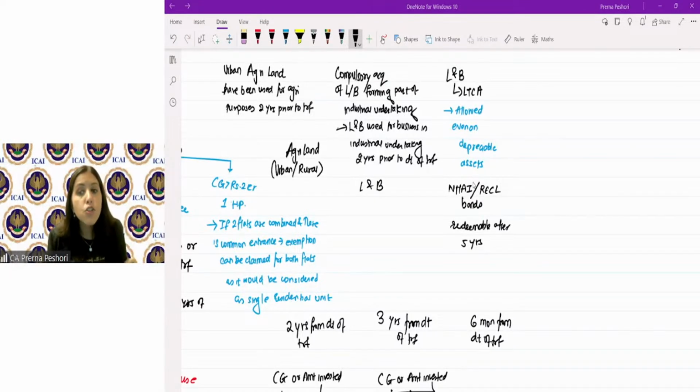From when do you have to reckon the 6 months: when the capital asset is converted into stock in trade, or when the stock in trade is sold? Yes, students, we have discussed that. We discussed that while dealing with the conversion of capital asset into stock in trade. Let me see who remembers.